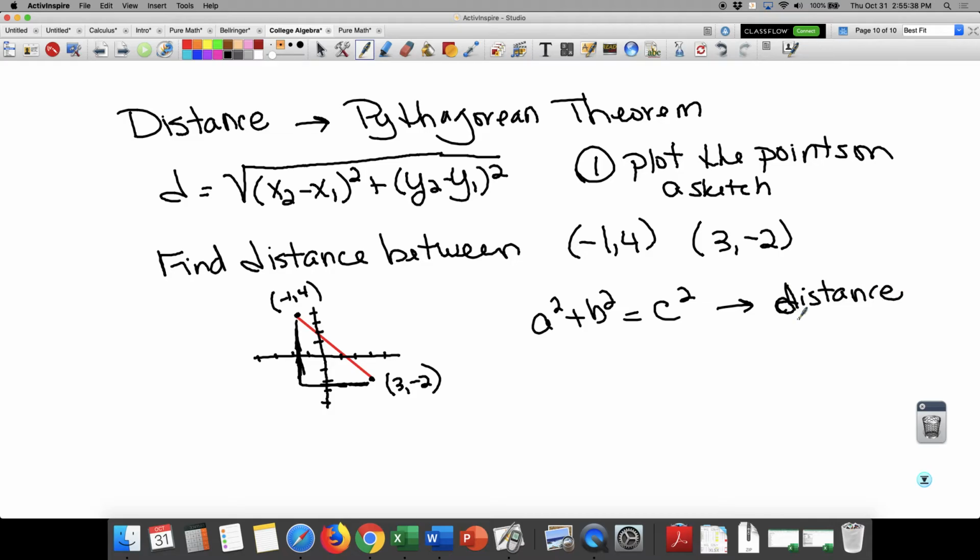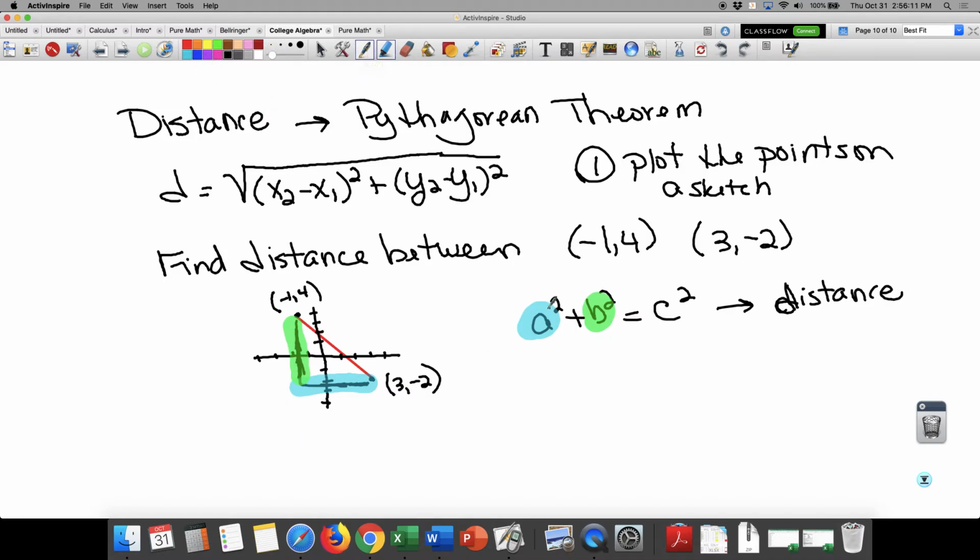Okay? So what we're going to do is find the length of these legs and the length of these legs. Now I'm going to try to relate it back to the Pythagorean theorem with this distance formula. So here are the two legs. Let's call this one leg A. Leg A is going to be this one, which are our x values, and leg B will be this one, which are our y values.